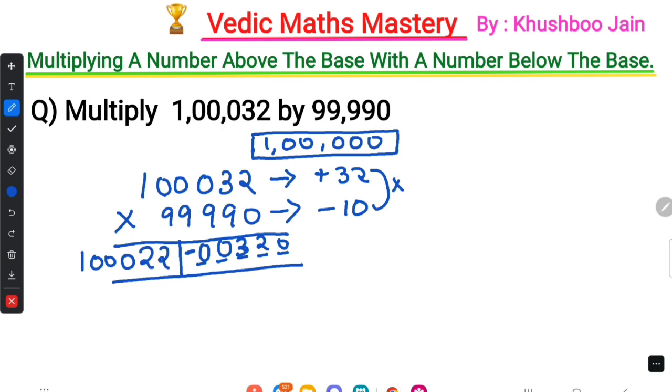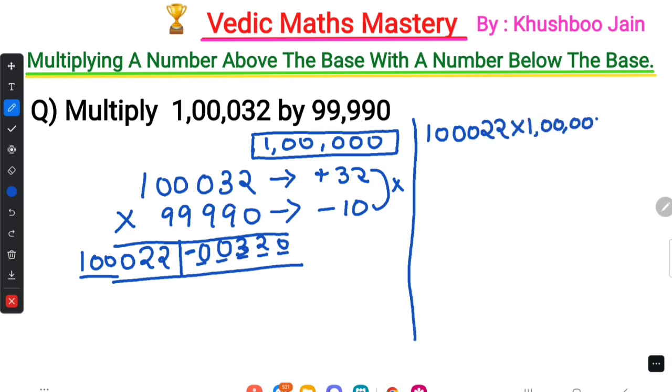So this is the answer. We already got it. So what we have to do next is, the left hand side part answer, we have to multiply with the base. So 10022 into 1 lakh minus 320.